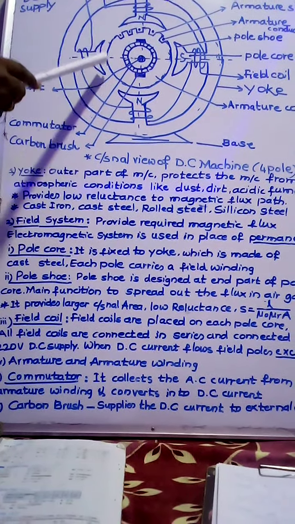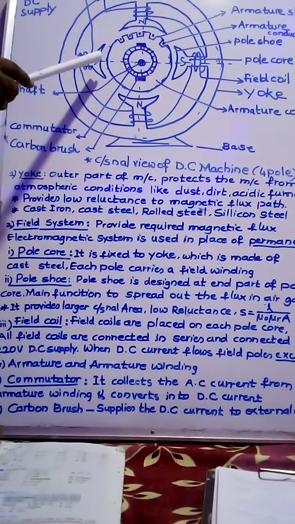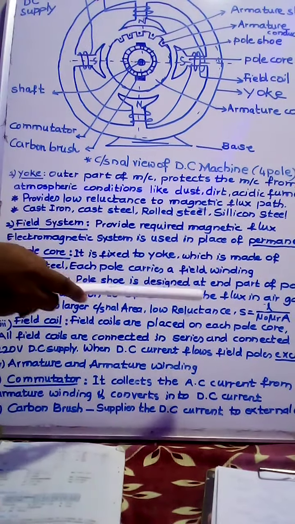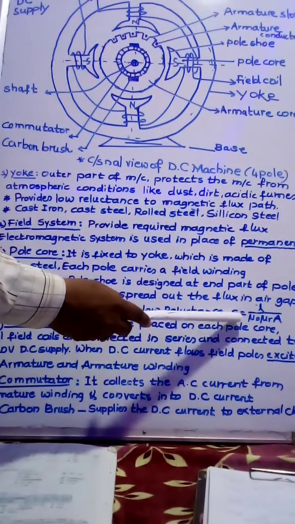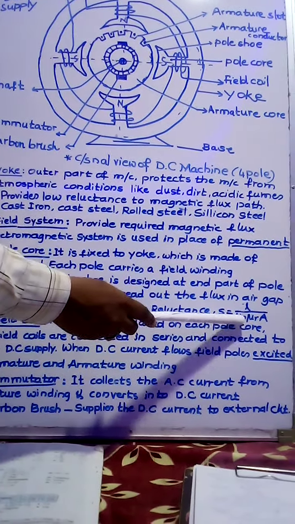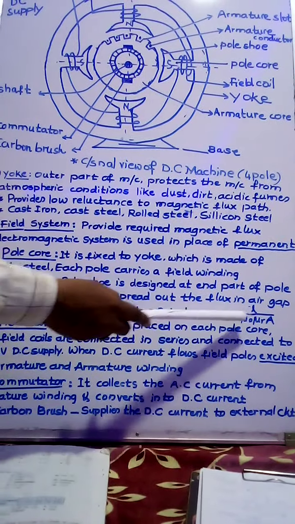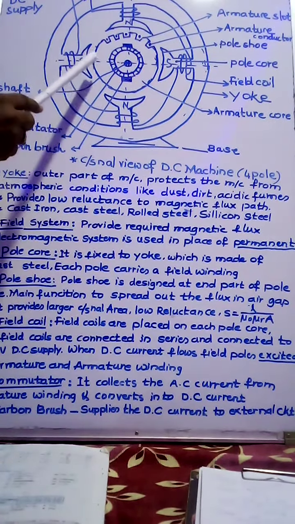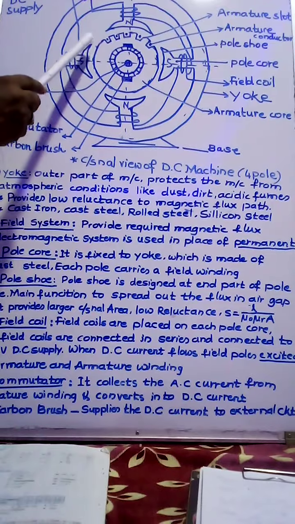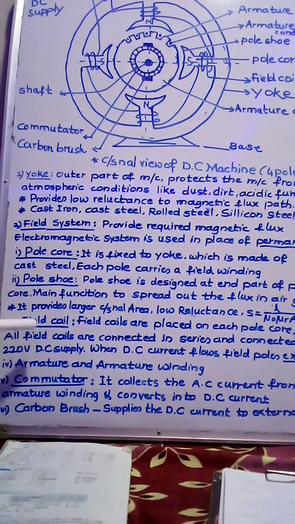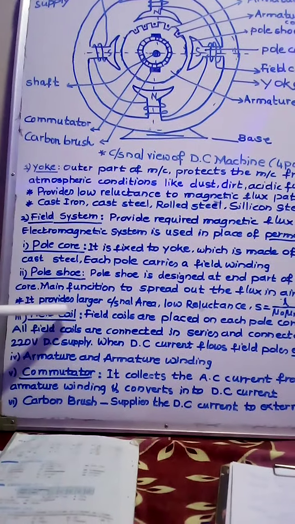It has a larger sectional area, hence it provides low reluctance. Reluctance S equals L divided by mu naught mu r A. Larger area, less reluctance. Less reluctance, more flux.